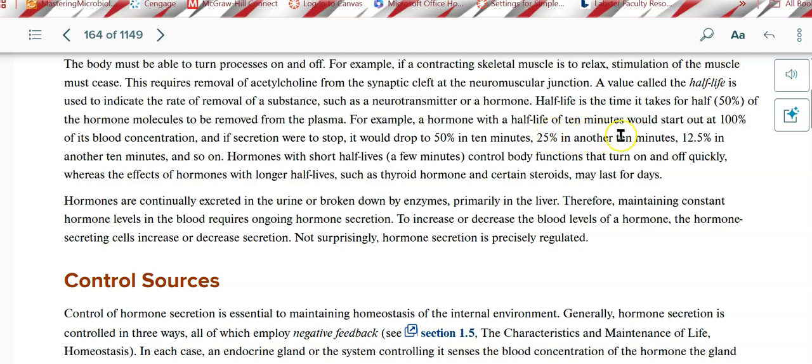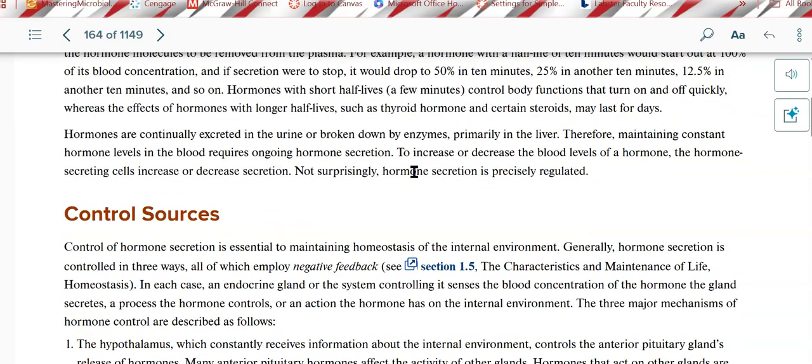And the 25% will be cut down to 12.5% in another 10 minutes, and so on and so on. So hormones with short half-lives of just a few minutes control body functions that turn on and off relatively quickly. But hormones with longer half-lives, like thyroid hormone and some of the steroids, they may have half-lives in the days instead of minutes.